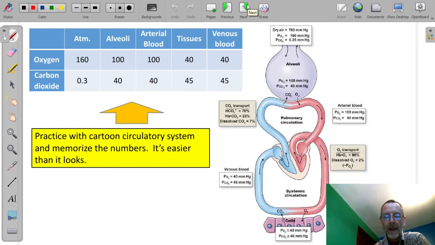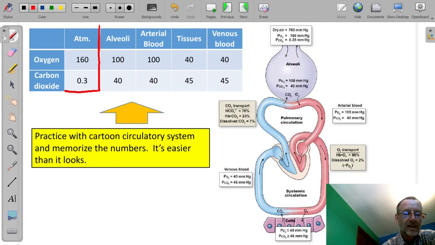So in this slide, a couple of things are going on. Here's a little table that you should memorize. It's not tough. There are just a couple of numbers that you need to recognize. Well, we've already looked at the atmospheric pressure. We've already mentioned that.